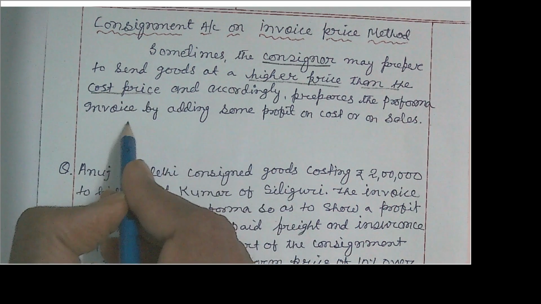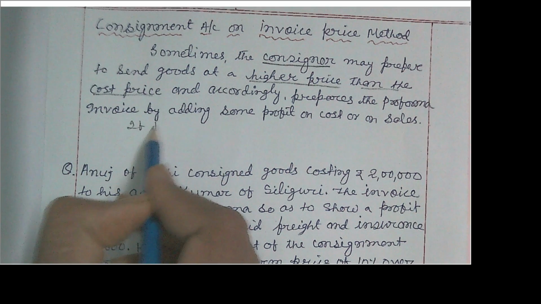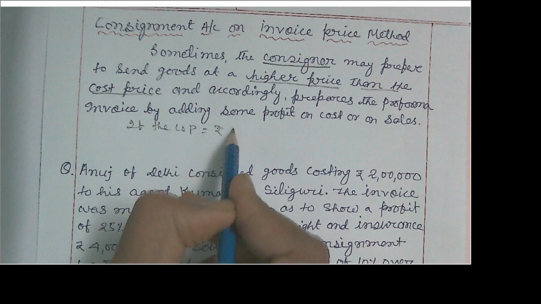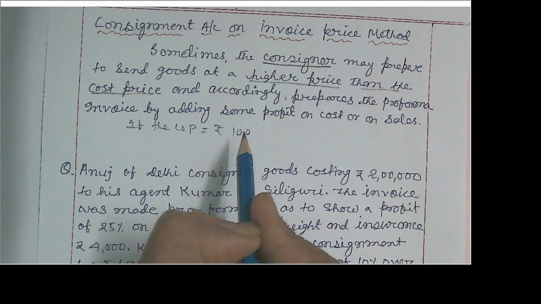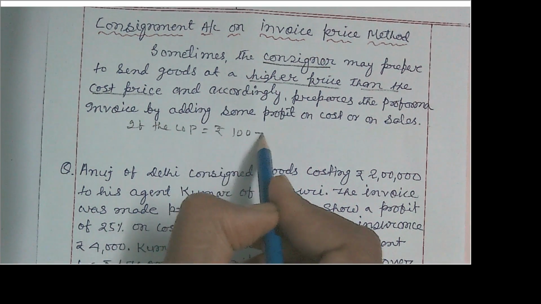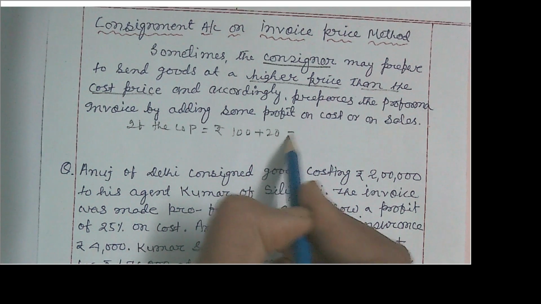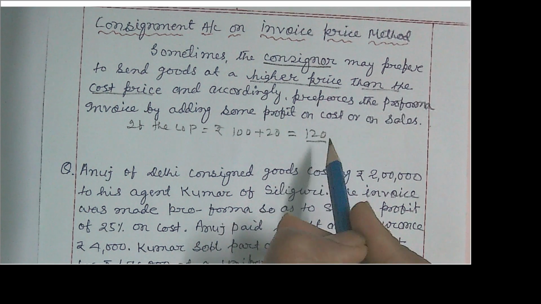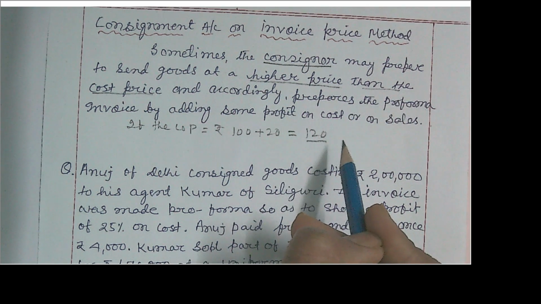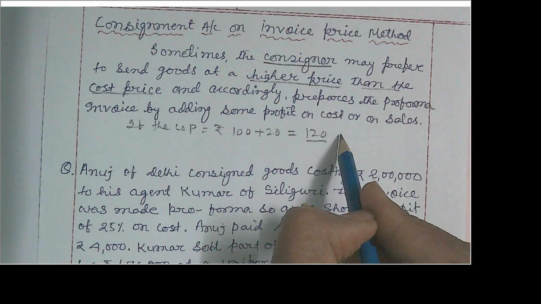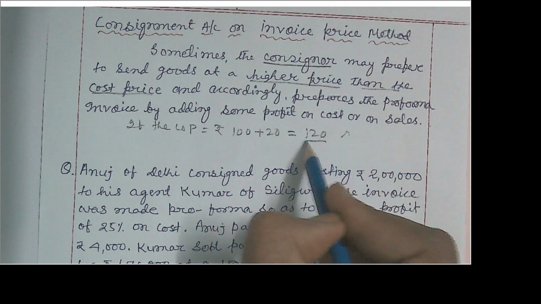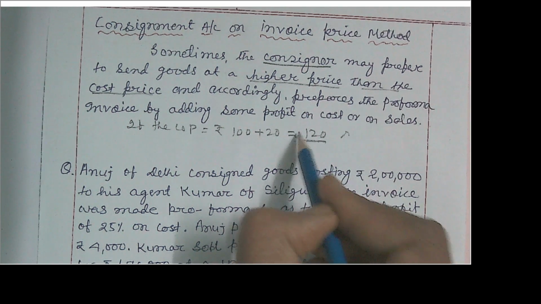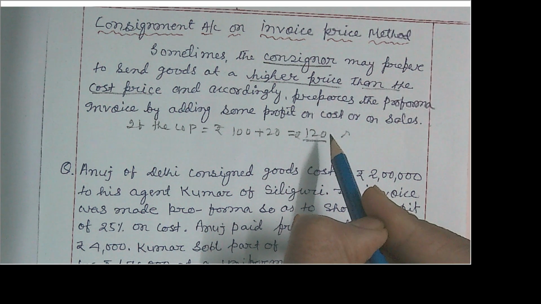It means that if the cost price of the goods is rupees 100, then by adding rupees 20 it becomes 120, and this 120 is the invoice price, and the consignor sends the goods to the consignee at 120 rupees per unit.